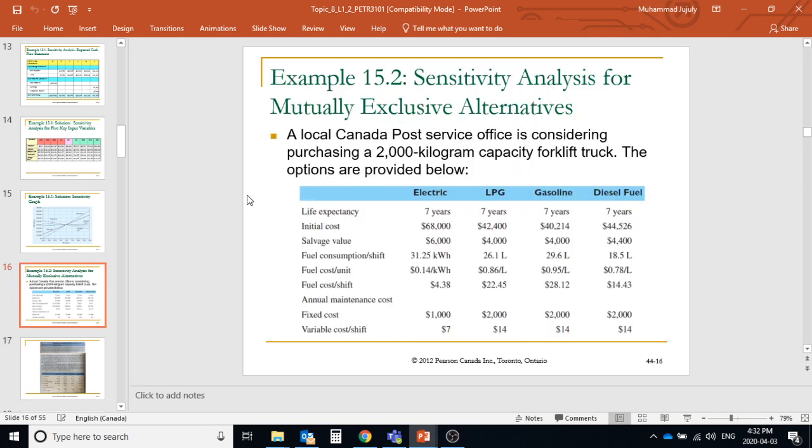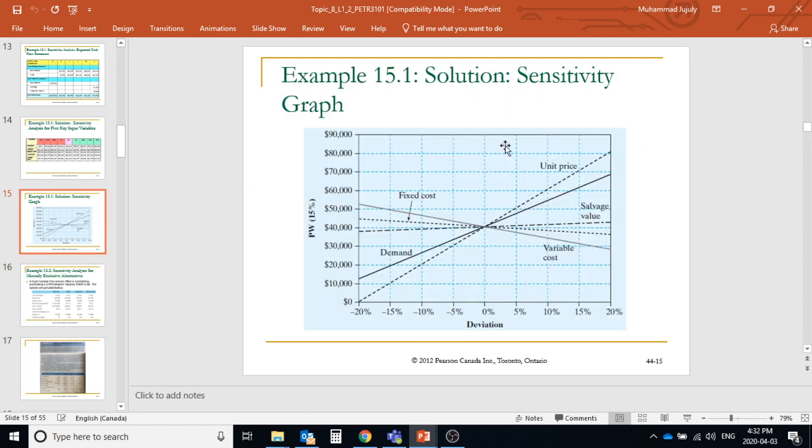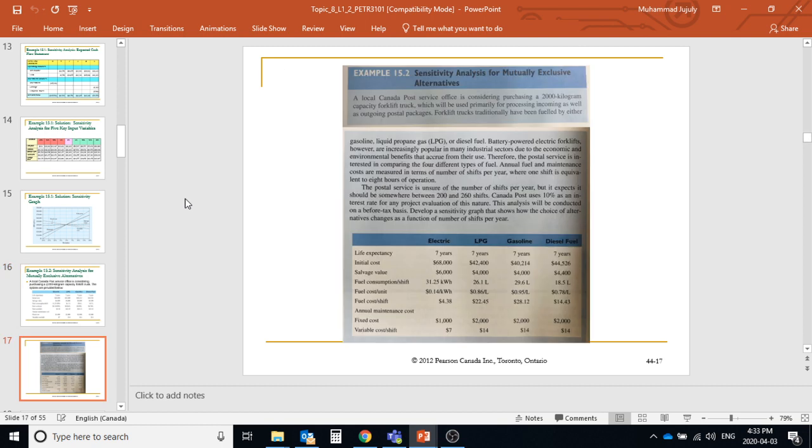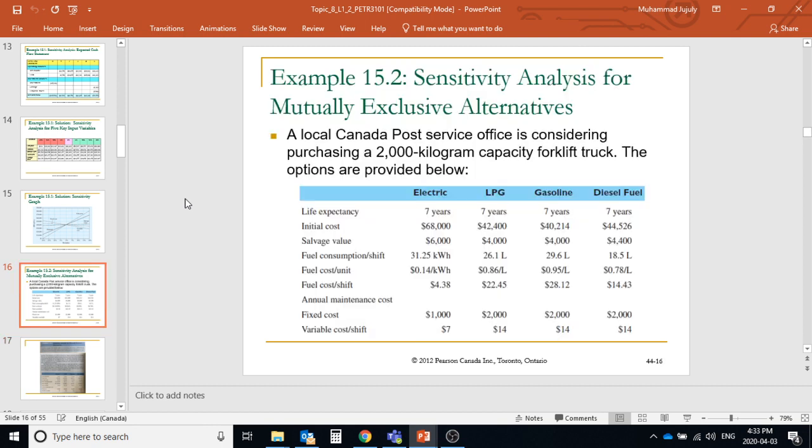This is the sensitivity graph we'll draw, and from there we'll determine the answer. Here is the chart. We have 4 different options: electric, LPG, gasoline, and diesel fuel. The initial cost, salvage value, and other fixed costs are given for all.